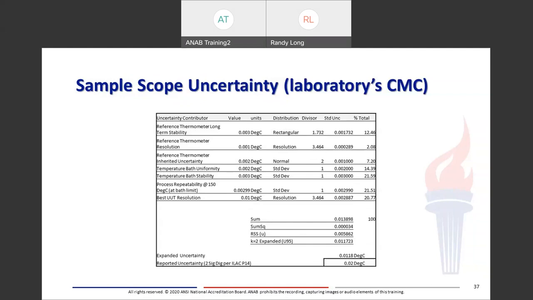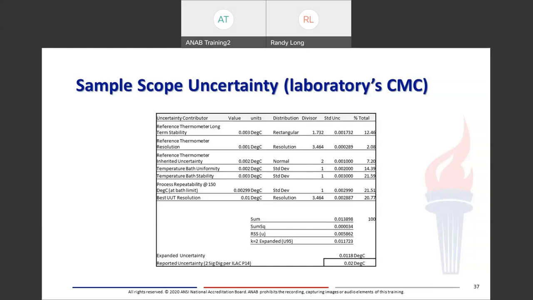So let's say the same laboratory, for their scope of accreditation, bring in the best unit under test resolution that they want under scope of accreditation, and then they do a process repeatability at what the most difficult temperature for this particular bath is.